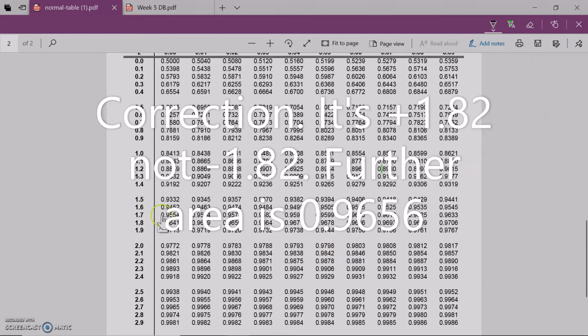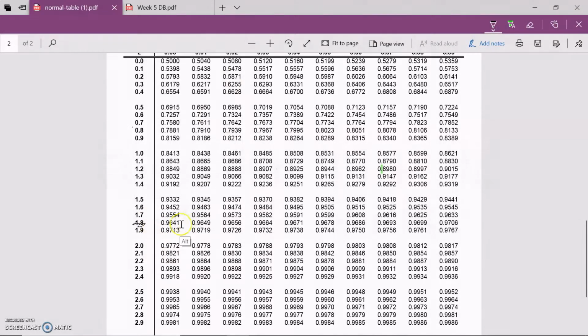So for 1.82, 1.8 is here, and 2 is here. This is the area I'm looking for, 0.9656. I hope you understand that.